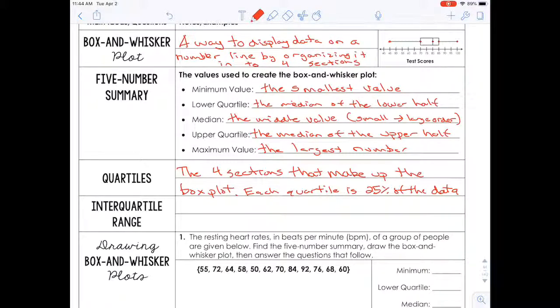Okay, something kind of new here. The interquartile range. That sounds really difficult, but it's not.